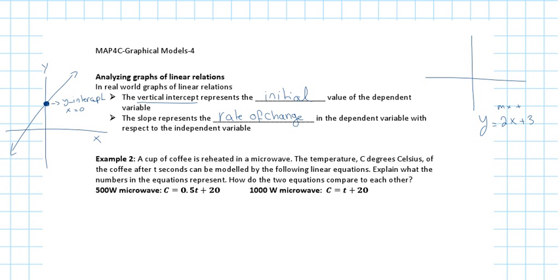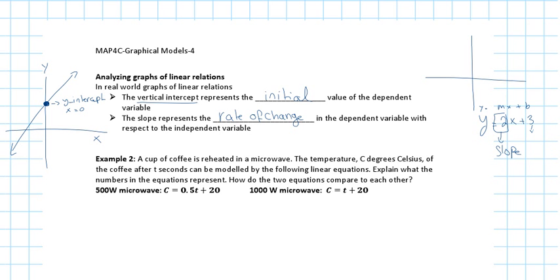On the previous page, m is the slope. So what number represents my slope? 2. So 2 is my slope. And b represents the vertical intercept, or the y-intercept.